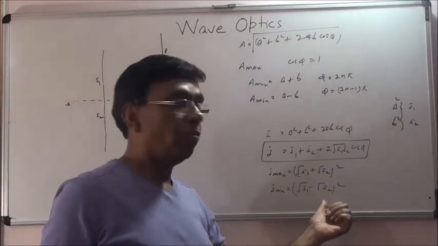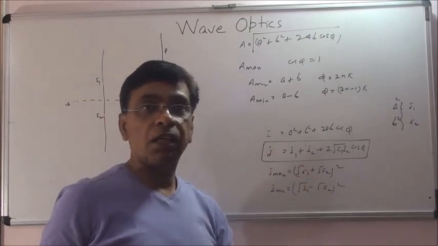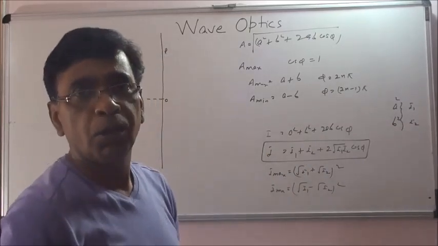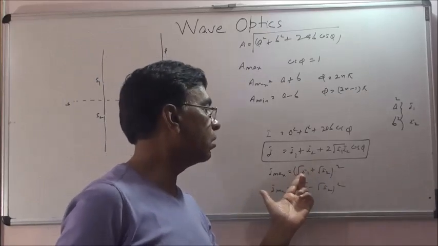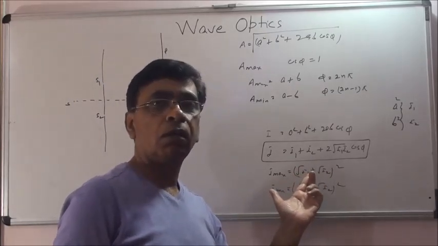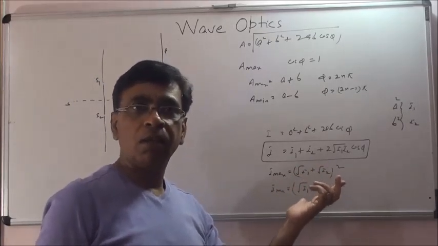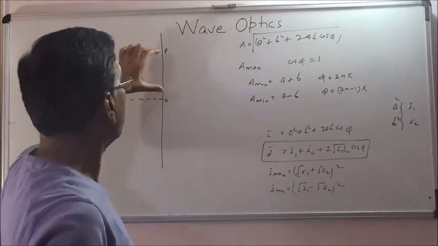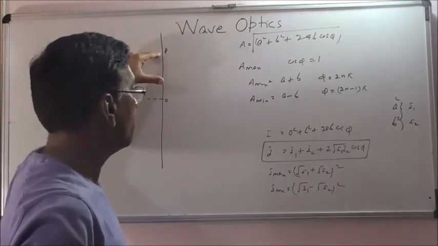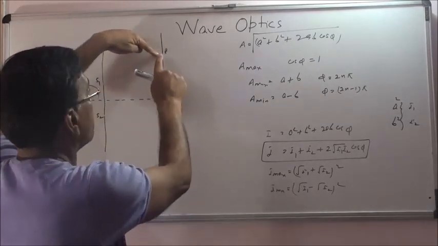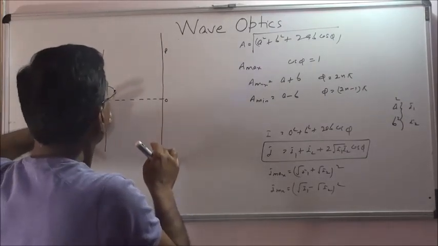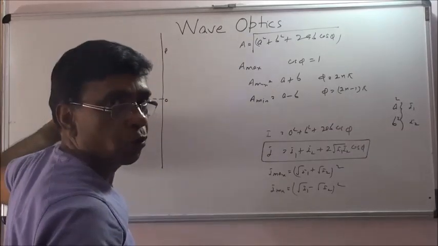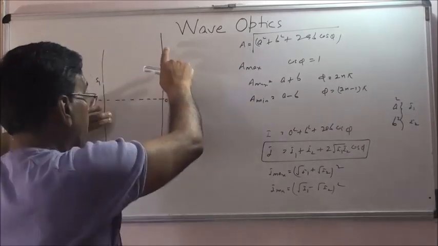Maximum intensity, minimum intensity. In the first case, I took the amplitudes of the two waves the same. In that case, this becomes just 2 root I squared, so it is 4I. If we are getting a maximum at one point, it means the intensity is 4 times the intensity of one wave. So if I close one, the intensity will be reduced to 1/4 at maxima.